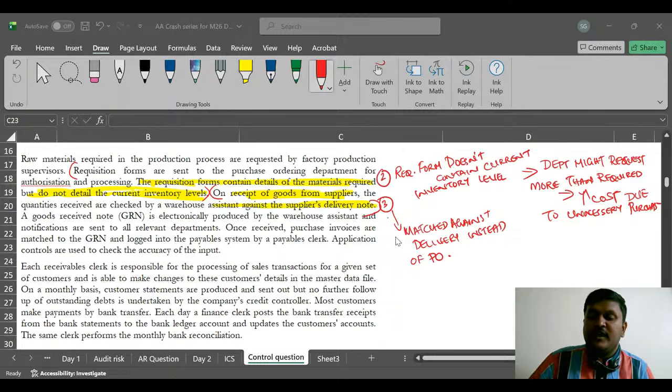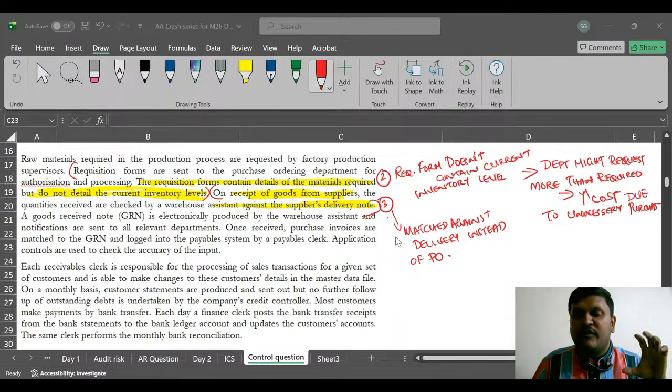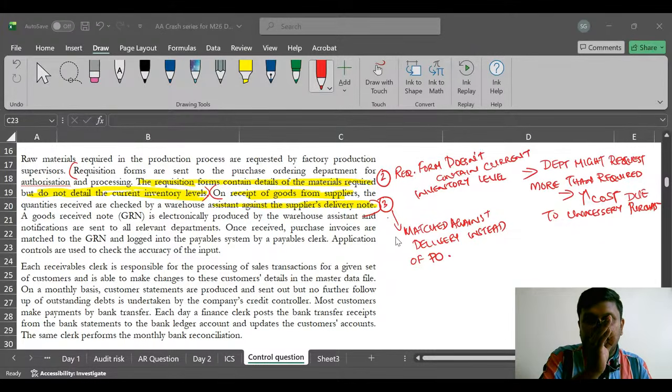When you write only that the warehouse assistant should match the goods against the purchase order, it sounds like a half control. What all you would be matching should be put in there. You're matching the product quantity and quality. Both should be mentioned, then you will get full marks for that item.